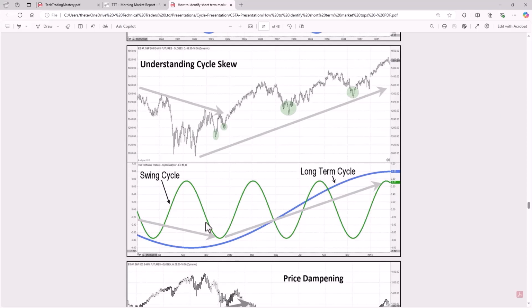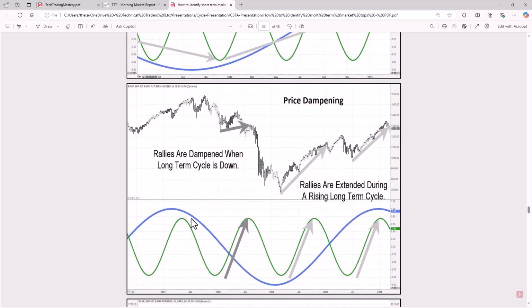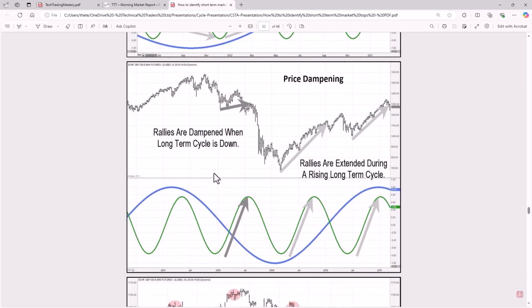And then there's price dampening, which is really important as well. If the longer term trend is down and you have an upward shorter term cycle, instead of a really strong rally and moving higher, it's just going to grind sideways or flat line. You're not going to get that bounce. You don't want to buy in a downtrend because the rallies are very short-lived.